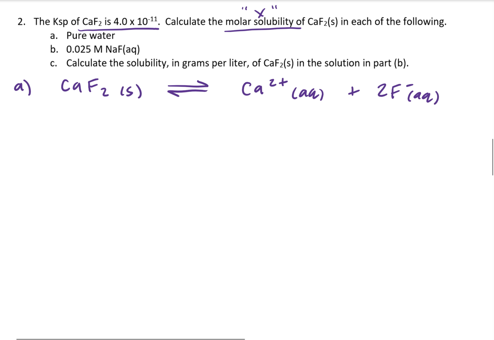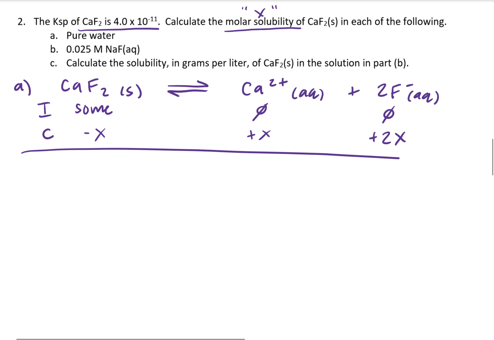So we're taking some amount of calcium fluoride, doesn't matter the quantity, and we're dumping it into a beaker of water. So initially, the concentration of your aqueous ions is going to be 0. The change, you minus from the reactant side, you add to the product side. But when you get to the fluoride, remember, bring down that coefficient of 2.